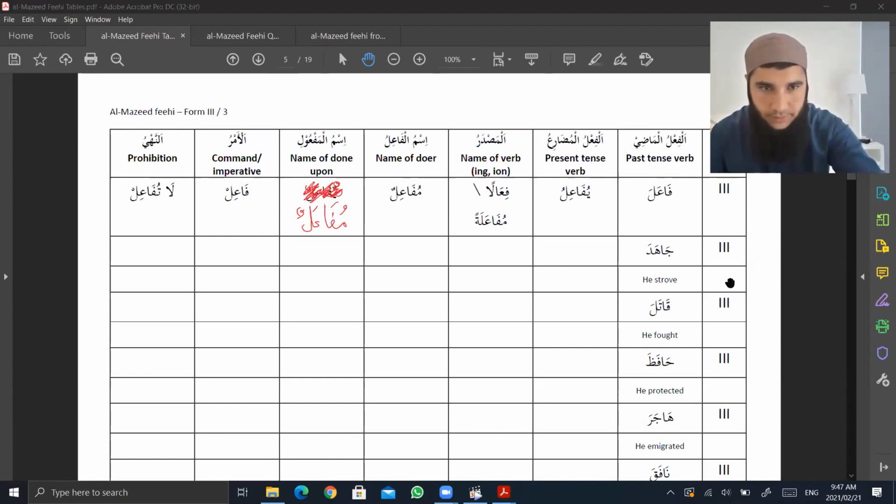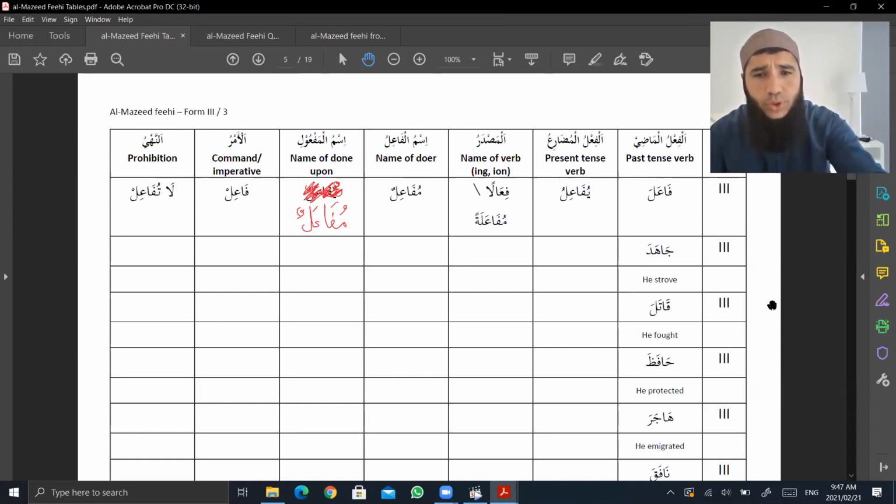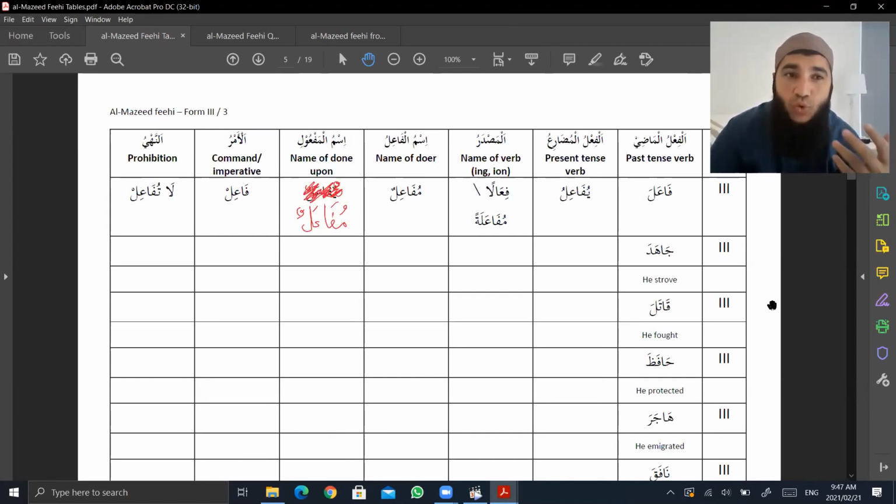Right. So what I want you to do is practice that scale. If you listen to it, it doesn't sound very different to the second verb. The second verb was fa'ala, here we have fa'ala. The second was yufa'ilu, here we have yufa'ilu. The masdars are very different. That one was taf'ilan, here we have fi'alan and mufa'alatan. But then the ismul fa'il was mufa'ilun, yet mufa'ilun.